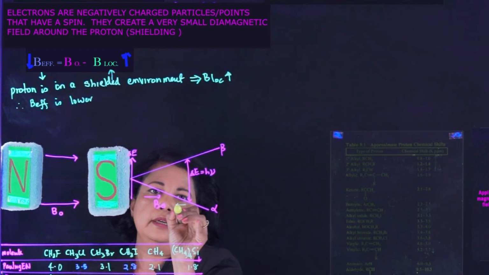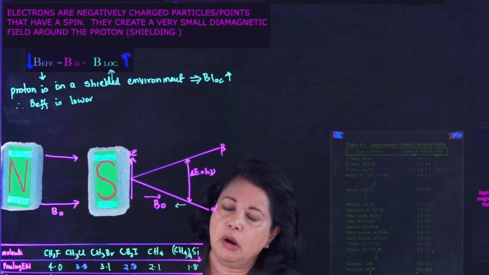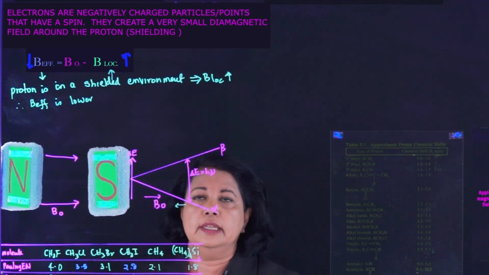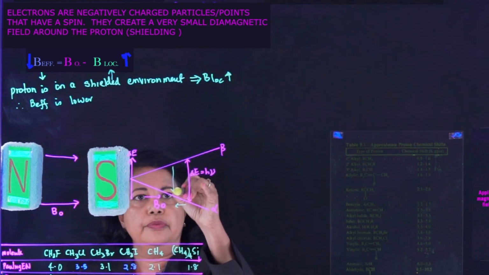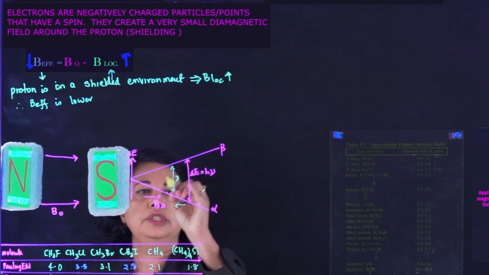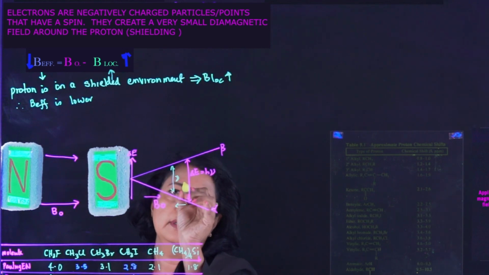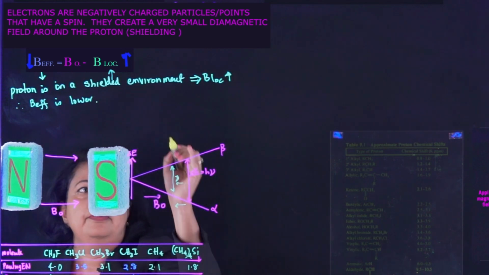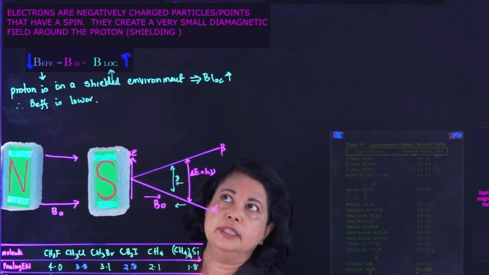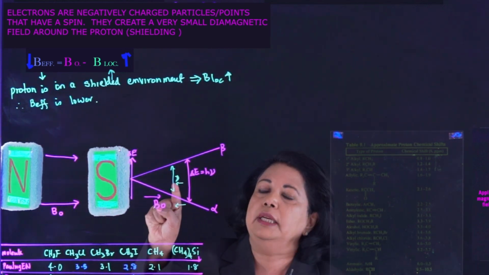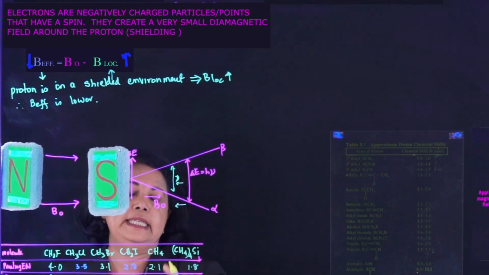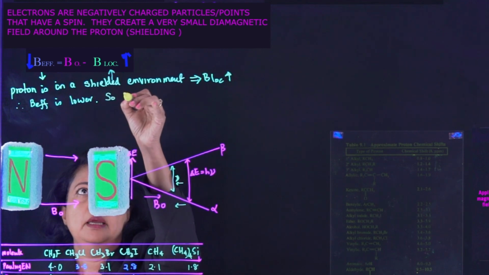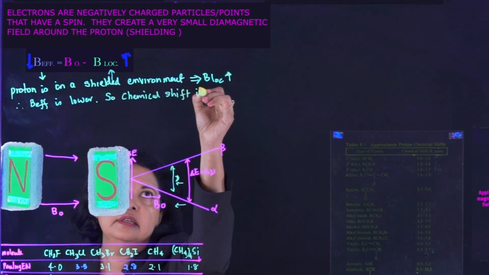So you're really shifting to a smaller effective magnetic field. Therefore, your frequency is also going to be lowered in this direction. Therefore, the chemical shift is also going to be lower from TMS. So chemical shift is lower.